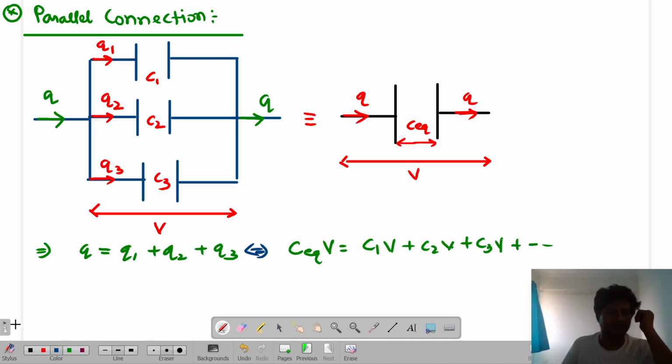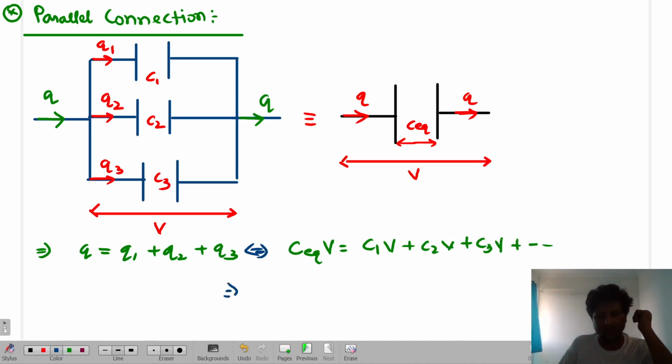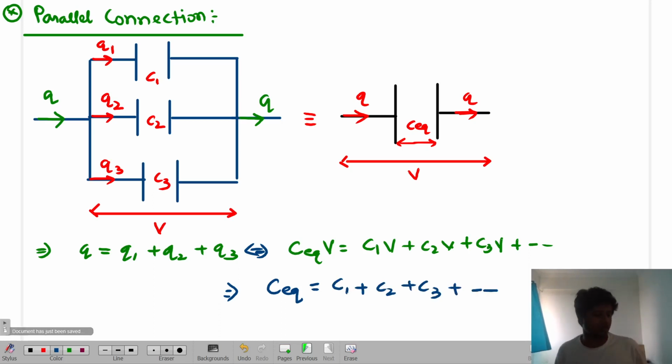So therefore I got my C equivalent formula. This implies that C equivalent in parallel connection is C1 plus C2 plus C3 and so on. Is this perfectly clear?